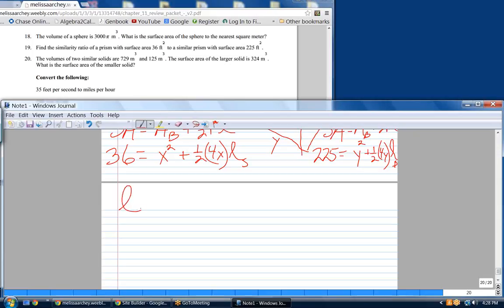Little l is equal to 36 minus x squared, all divided by 2x, right?